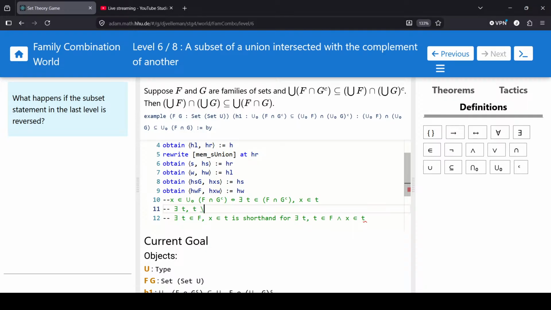Where T is in F. Actually, let me just copy. And X in T. So that's what this is shorthand for.